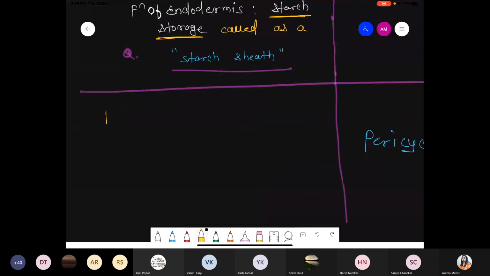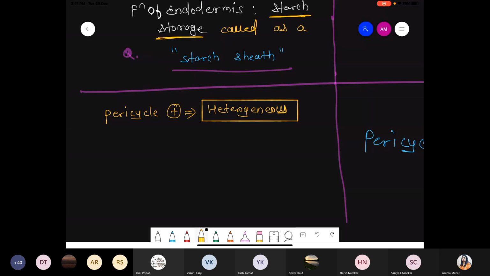In case of the dicot stem, pericycle is present, but now that pericycle is heterogeneous in origin. Heterogeneous means what? Two different types. Why are we talking about heterogeneous?